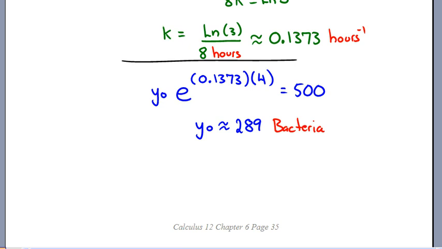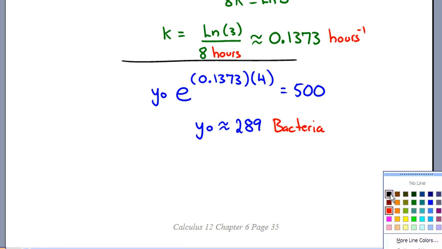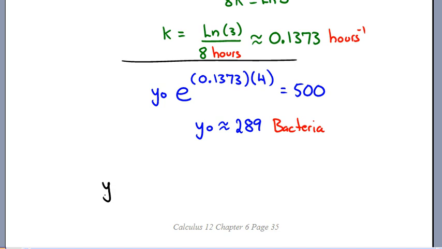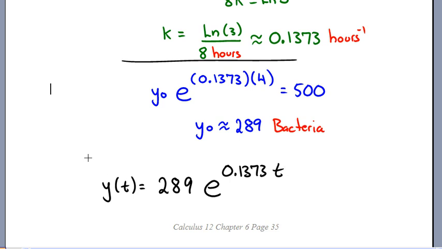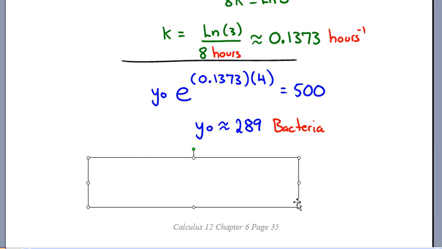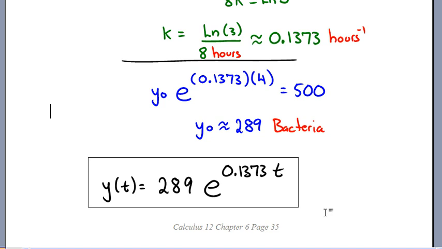So final deal, I've done it, I found those two missing things. It looks like the amount of bacteria at any time is 289, the original number sitting out front, the amount at time 0, and then e to the 0.1373 multiplied by t. That'll tell you how many bacteria there are. And if you want to know how quickly they're growing, just multiply that by k and you're there.